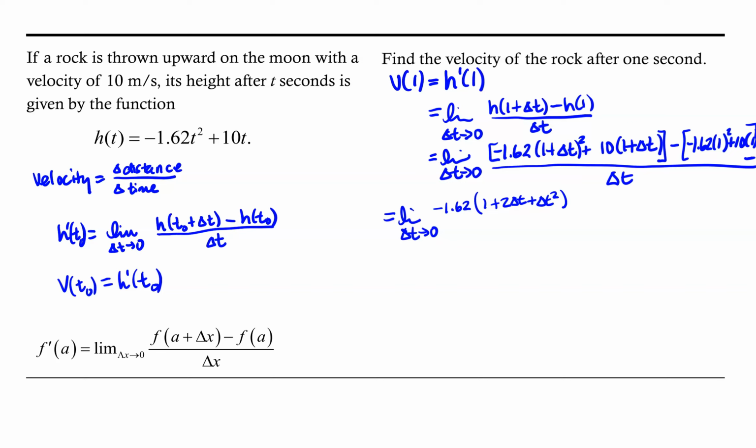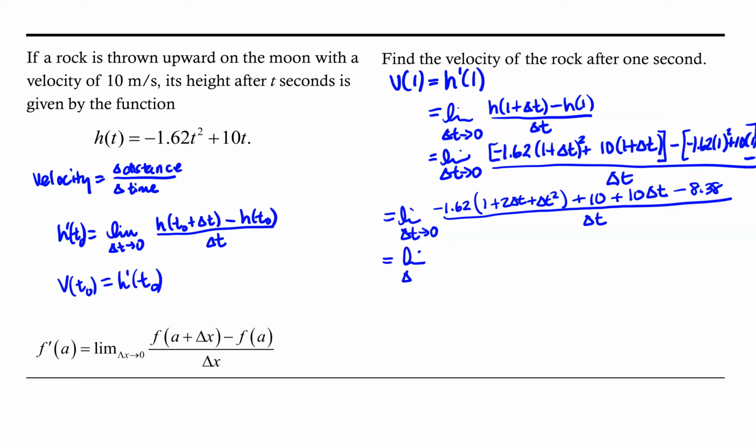Distributing the 10 into the 1 plus delta t, we get plus 10 plus 10 delta t, minus, and then doing the arithmetic for negative 1.62 plus 10, we get 8.38, all over delta t.